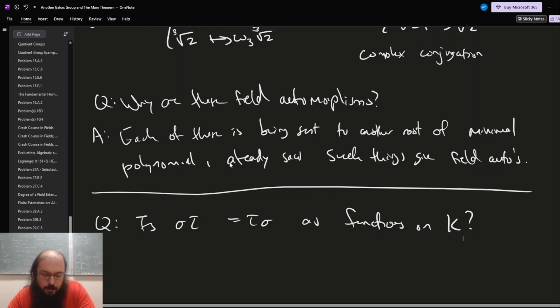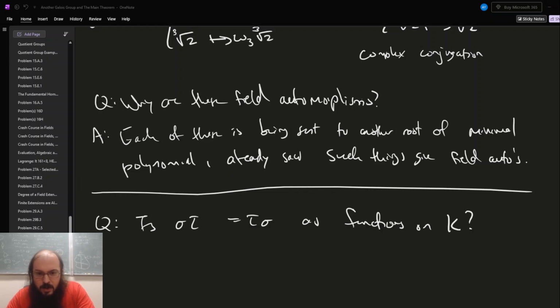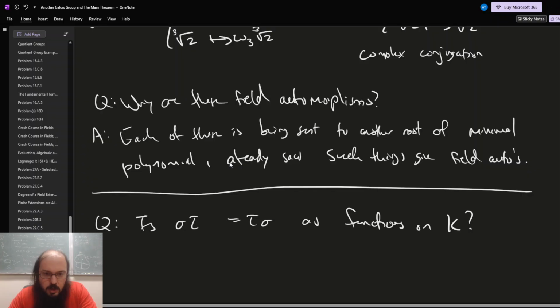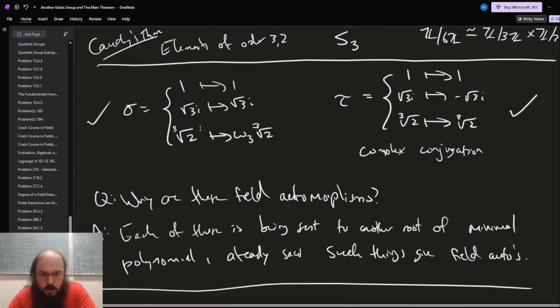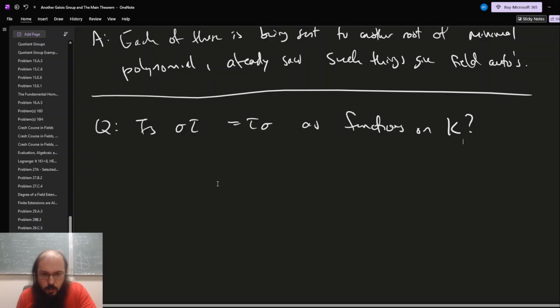Like, did I get the same thing on a specific number? So since the cube root of 2 here is the one that looks to be the most suspicious, let's try plugging in the cube root of 2.